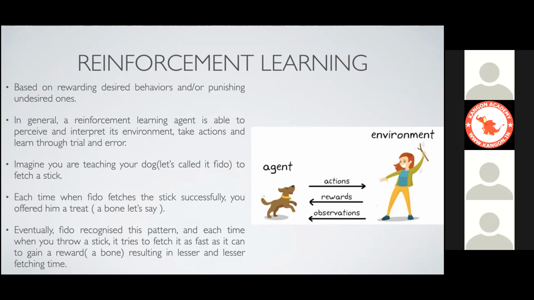Can you give an example for the same thing with relation to a computer? Okay, to the system. Yeah, sure. Suppose you are asking the computer to learn about even numbers and odd numbers from the natural numbers. Whenever it gets an even number correctly, you give it the next even number.